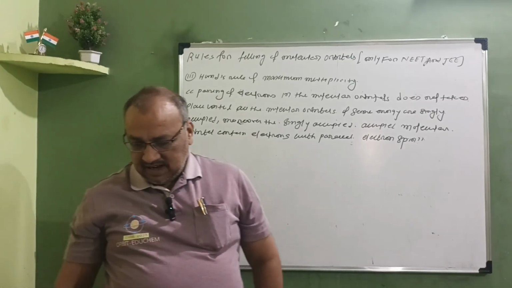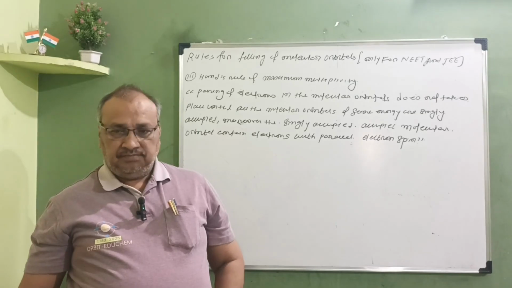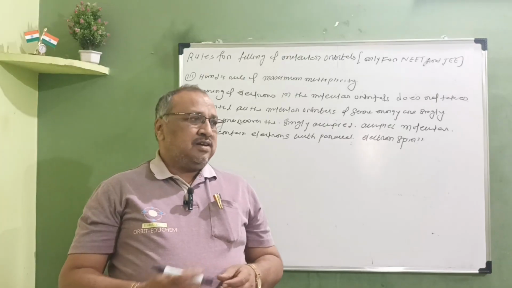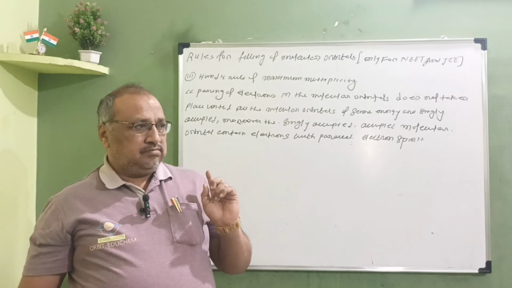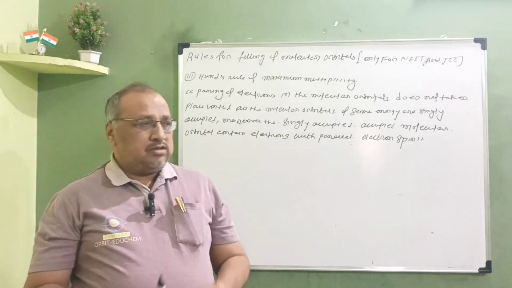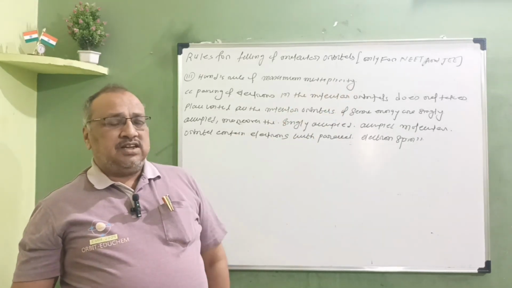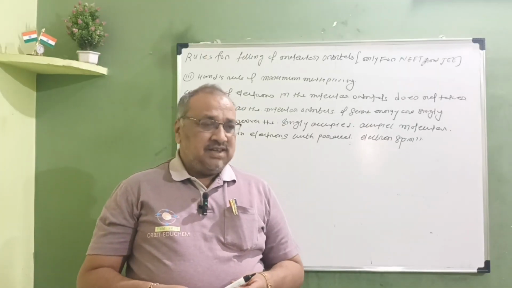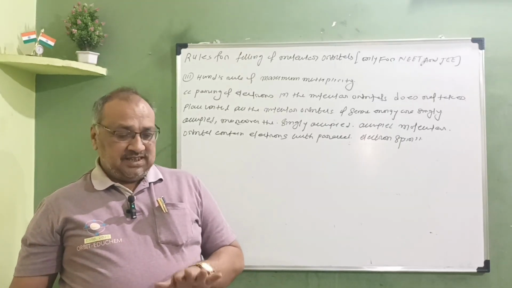Now this is regarding Aufbau principle, Pauli exclusion principle, and Hund's rule of maximum multiplicity. These three principles are very important while filling the electrons in molecular orbitals in case of a molecule.